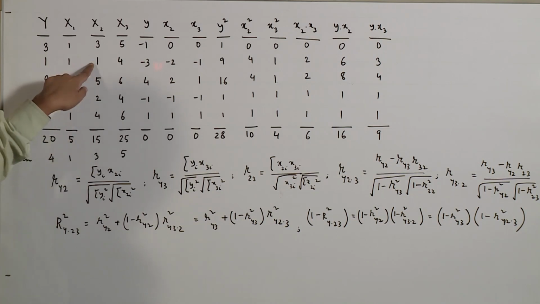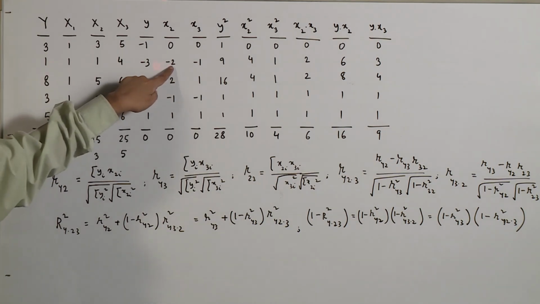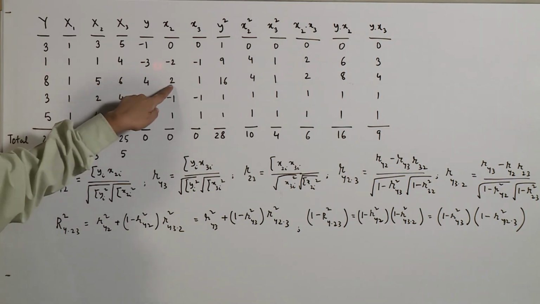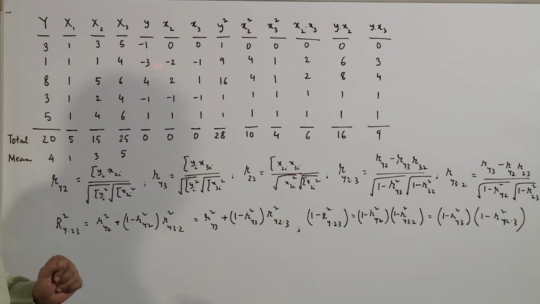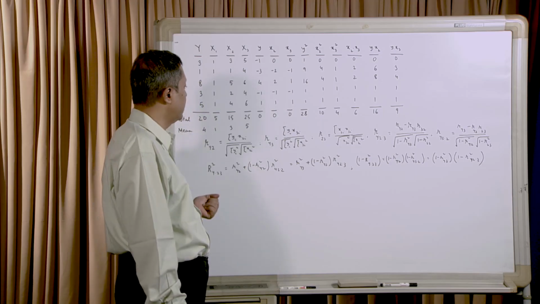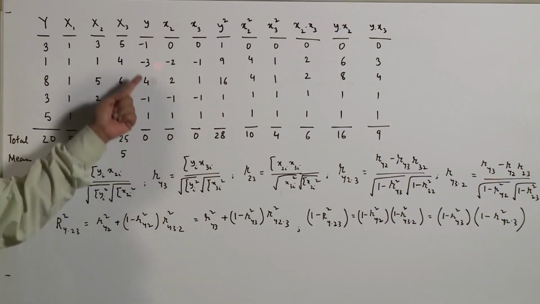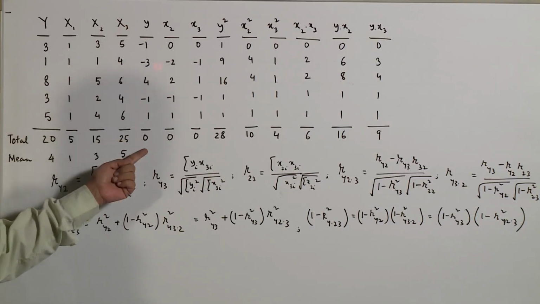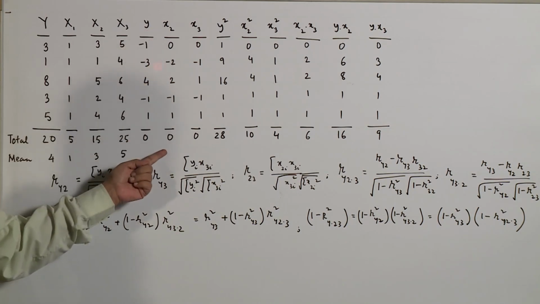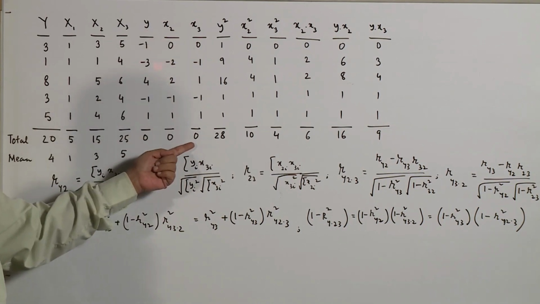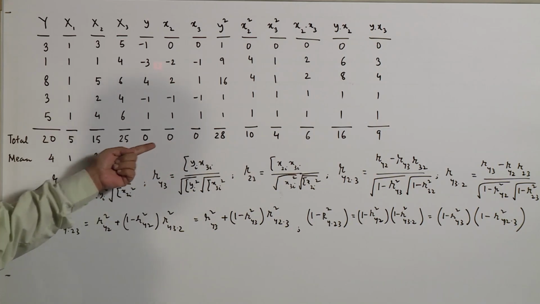For example, 1 minus 3 is minus 2, 5 minus 3 is 2. An easy way to check whether your results are correct is, if you add up the variables in deviation form, then summation small y, summation small x2, summation small x3 should all be 0. So, that is the check.